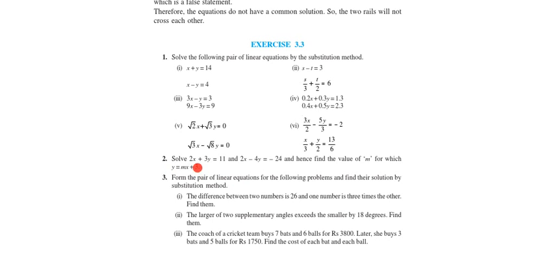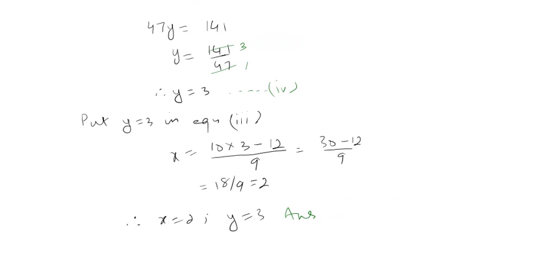So they are first asking to solve these two equations by substitution method, and then you have to find this one. I'll solve this one for you, and then I'll give some question answer. So we go to question number 2 now.